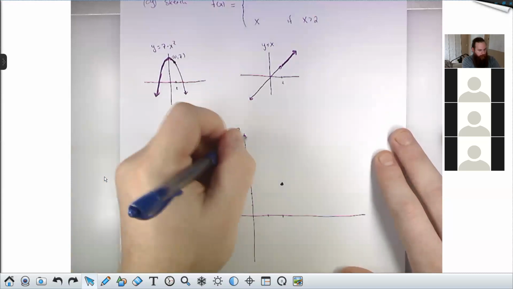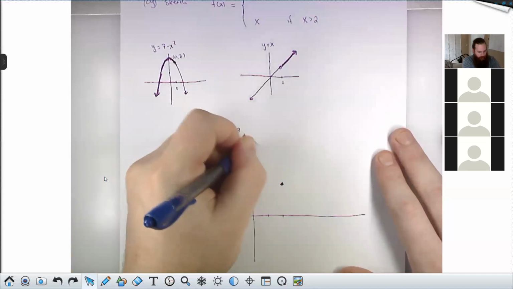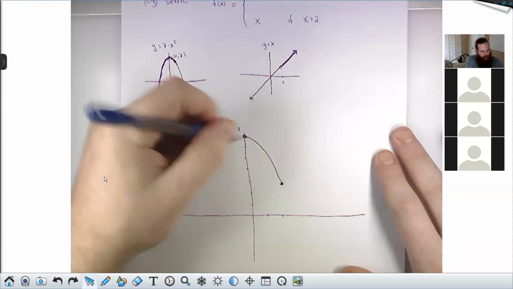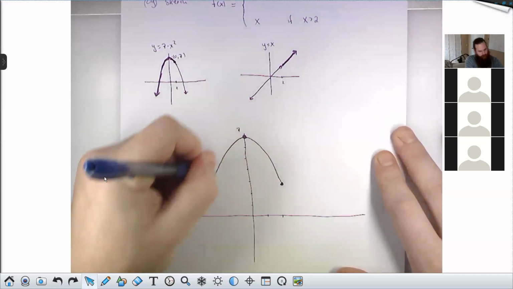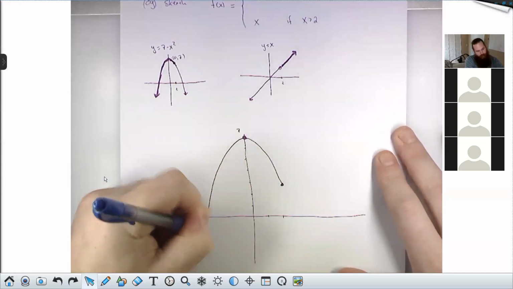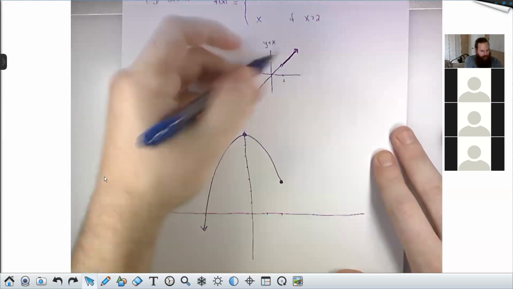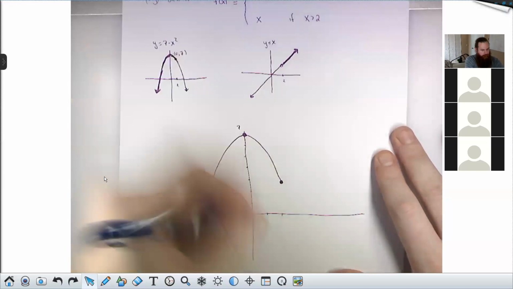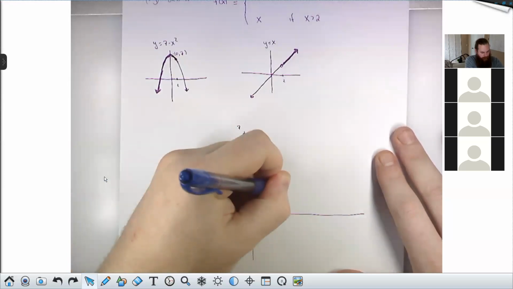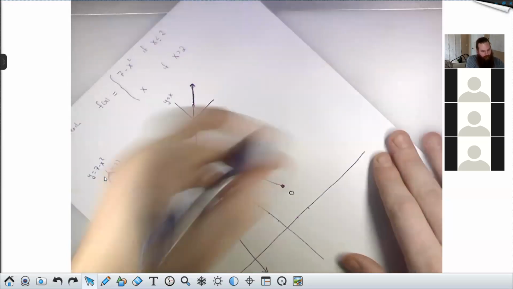So the piece of my parabola that I get to keep is all of this. And then the piece of my line which I get to keep is just this stuff, which would be something like this.